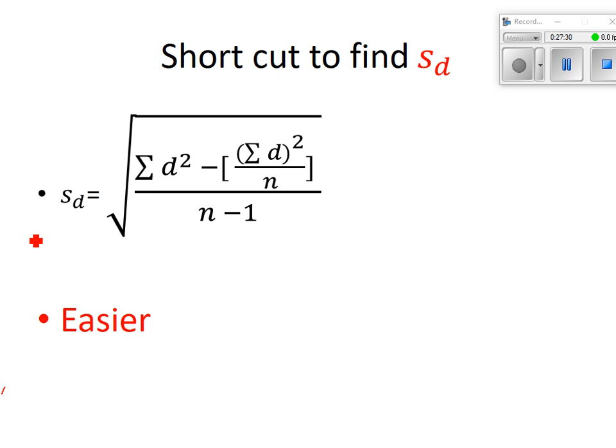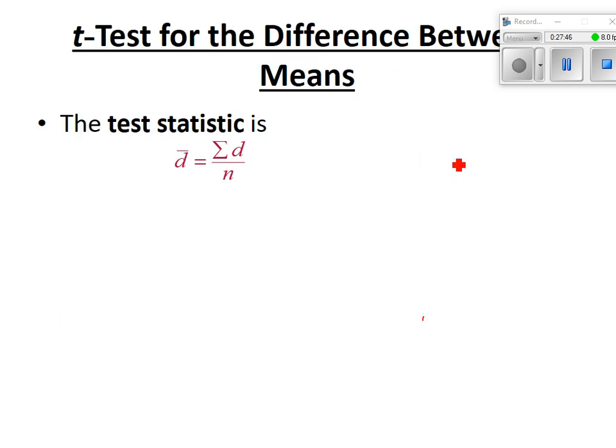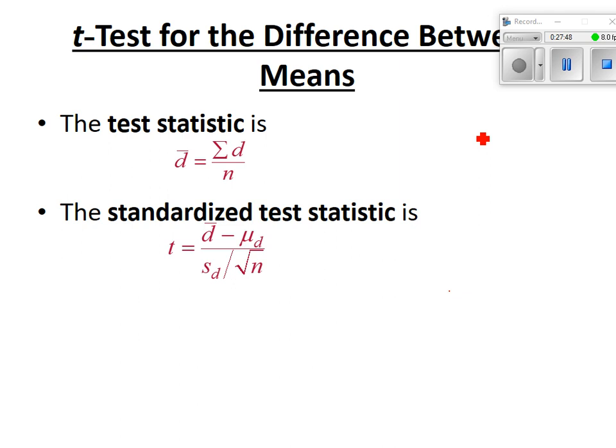Formula to find your T is going to be, this goes on bottom, and on top was, yeah, I think it's on the next slide too. I'll just do that. So that's your test statistic. Your standardized test statistic is this.